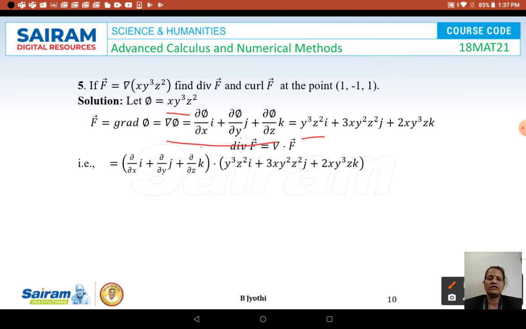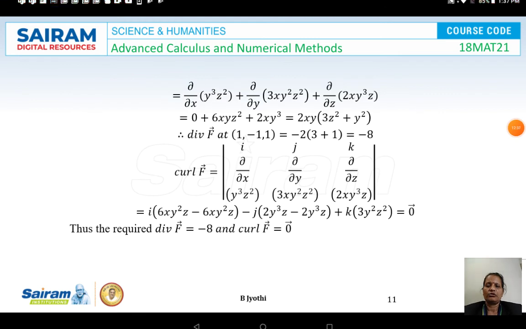If we determine, we get y³z² i plus 3xy²z² j plus 2xy³z k. So div f is equal to del dot f. Therefore, dou by dou x i plus dou by dou y j plus dou by dou z k, with the f components written.